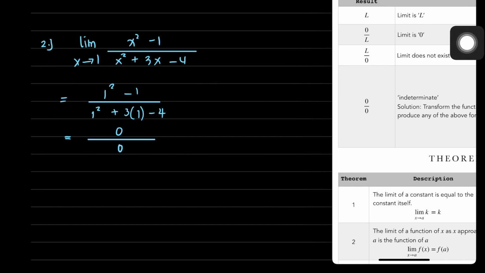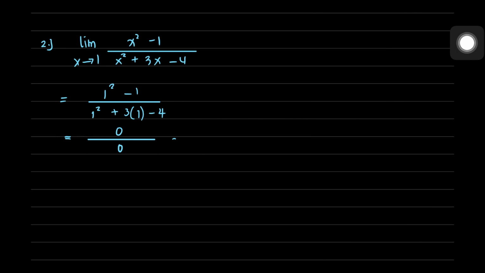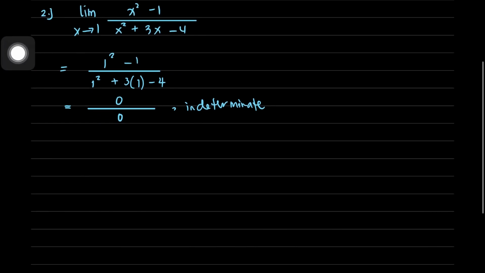Since the evaluation of the given function is indeterminate, we are going to transform this function. Basically, we can factor something out here, and then cancel something out, so that we can produce any of the possible limits.